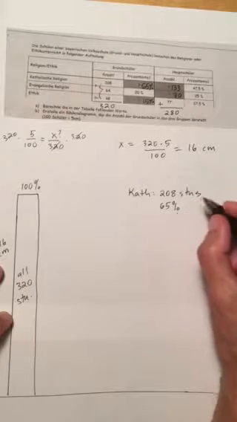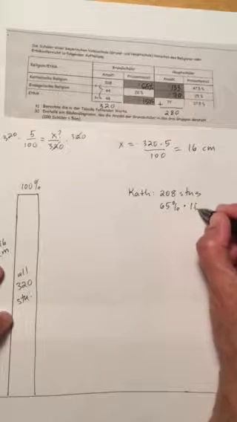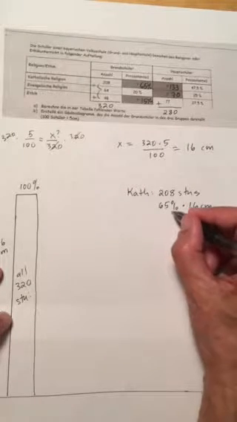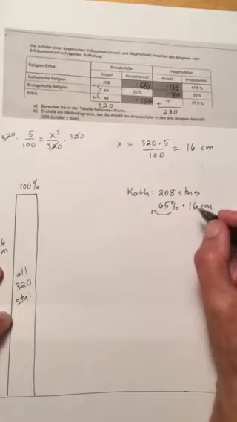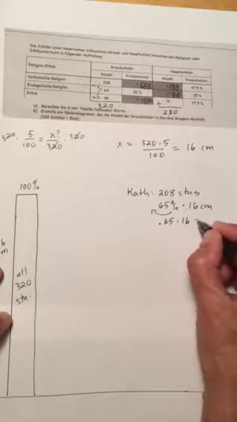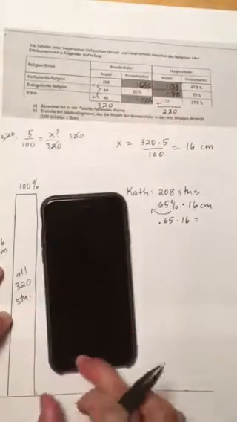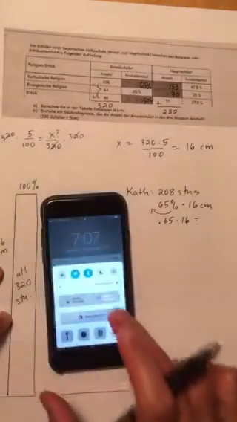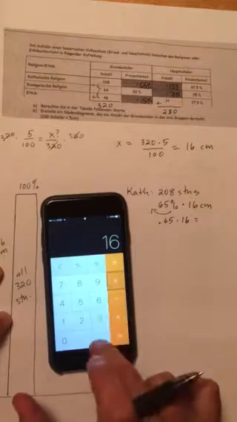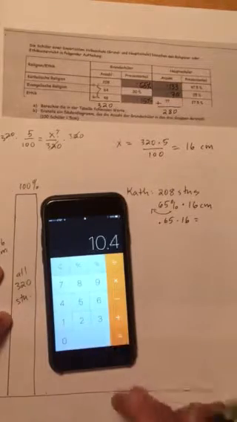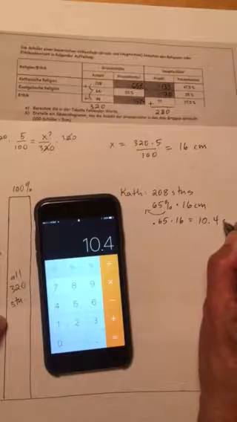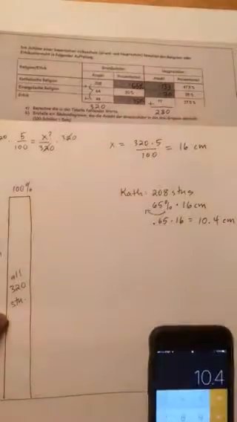And if we take 65% times the 16 centimeters, so remember when you multiply percent, you have to move this over. So we basically have to figure out 0.65 times 16, and 16 times 0.65 is 10.4 centimeters for the Catholics.